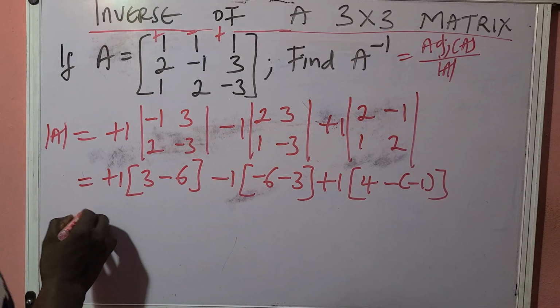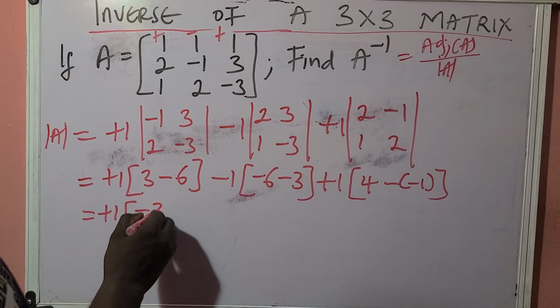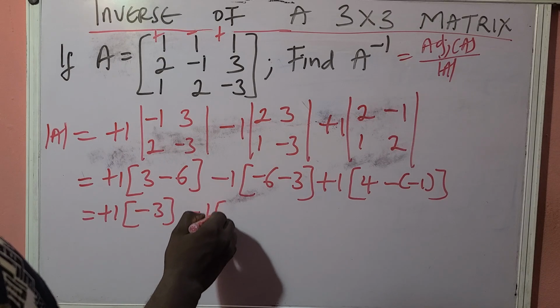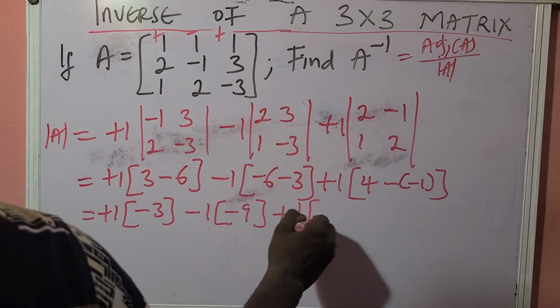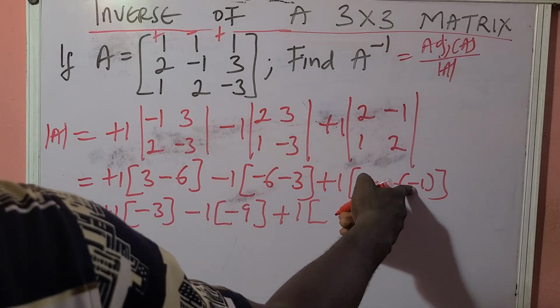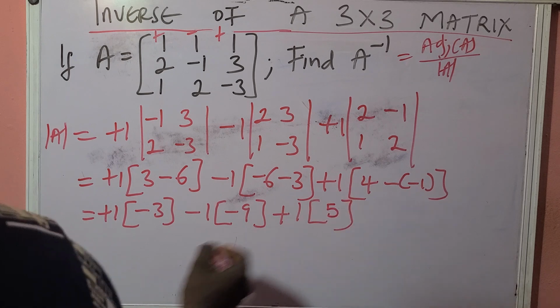So we're left with plus 1, minus 3, minus 1, minus 9, plus 1, 4 plus, minus times minus is plus, that's 4 plus 1, that's 5.